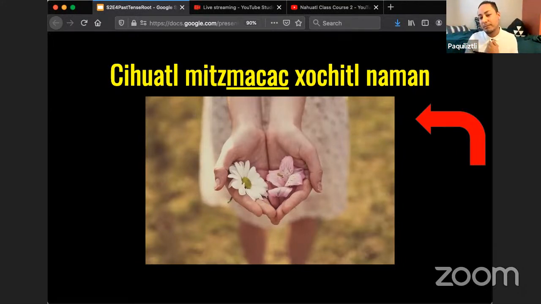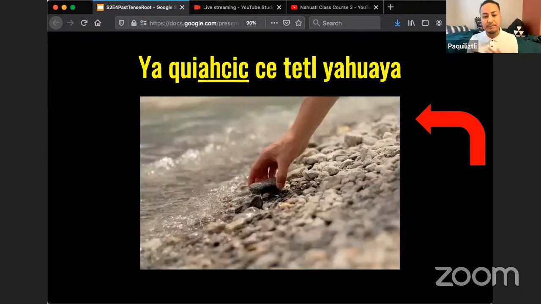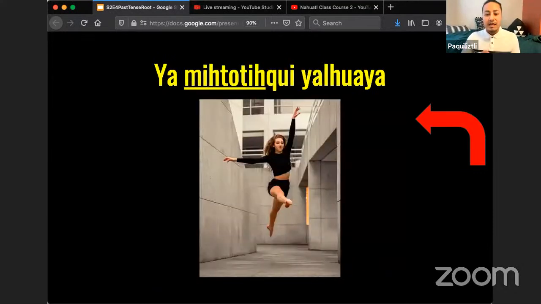If you remember, this is a class 1 verb. So it's Siwat mitzmakak xochitl. Ya kiasik se tet yalguaya, another class 1 verb. Ya mihtotihki yalguaya, she danced yesterday.